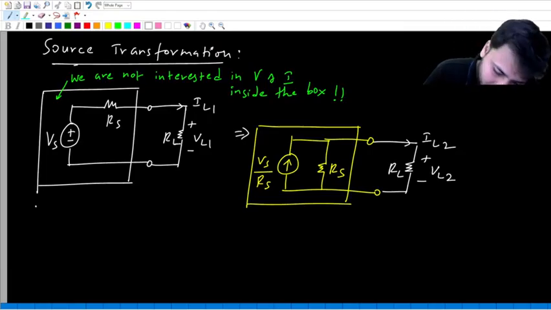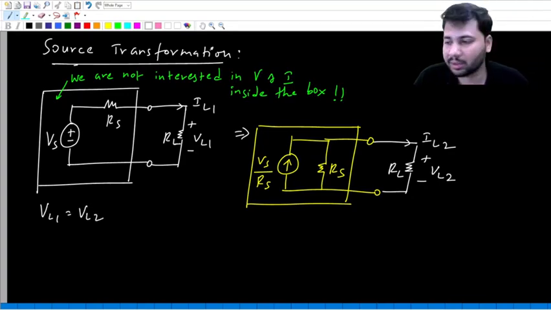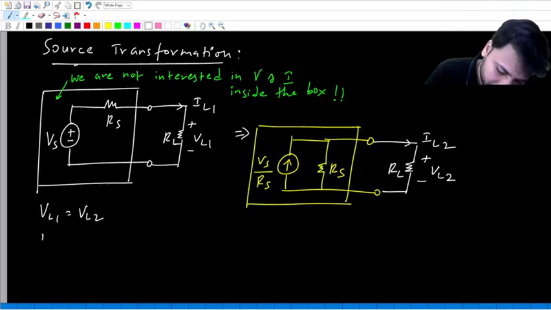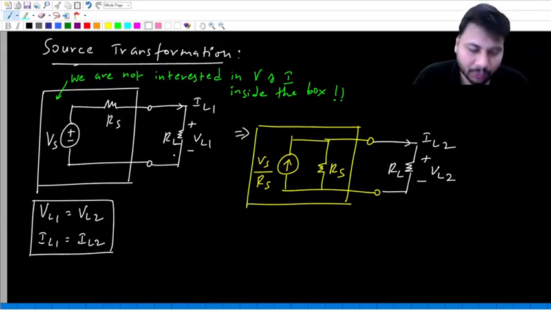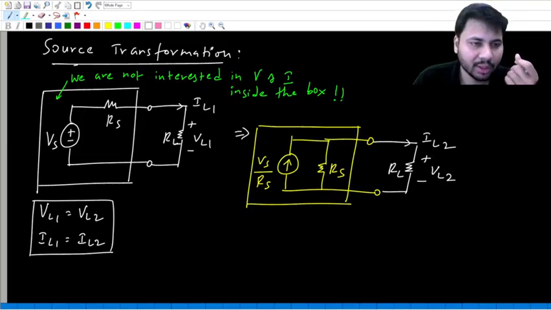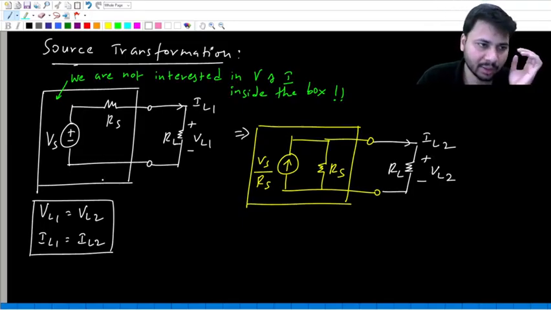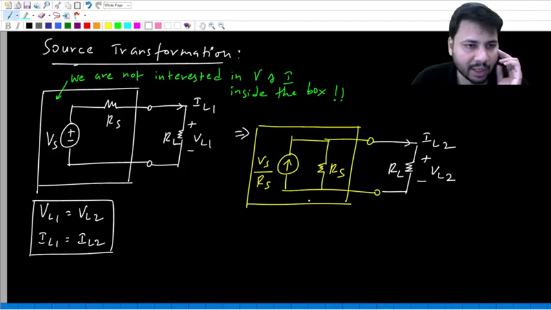Here VL1 equals VL2. That means in both the cases the load voltage remains the same, even the load current remains the same. Because the voltage and current are same for the load in both the cases, the load cannot really distinguish whether it is connected across the first box or the yellow color box.